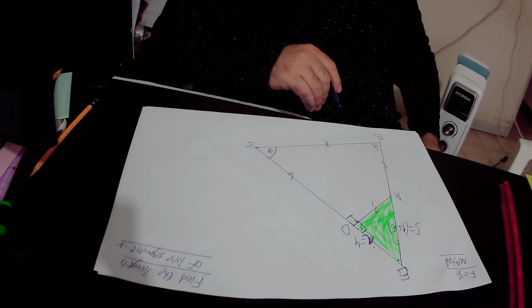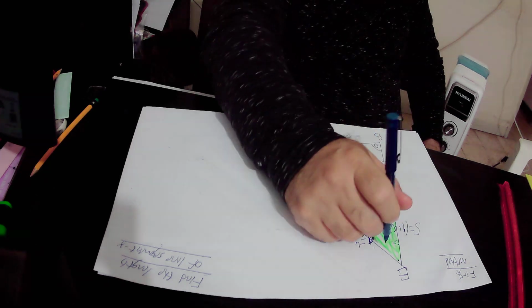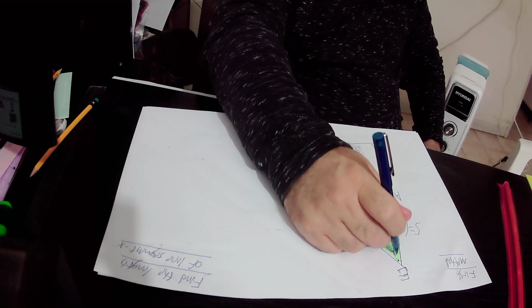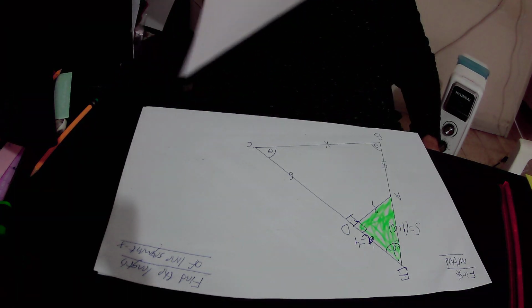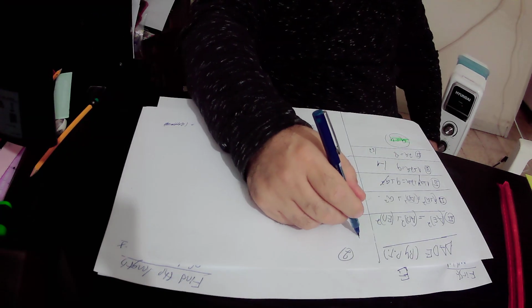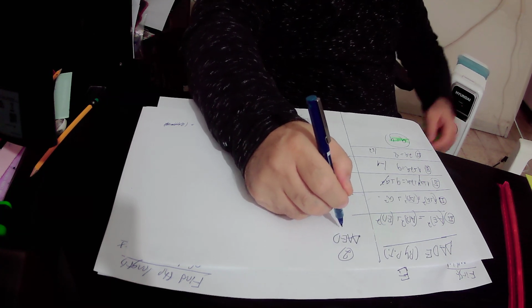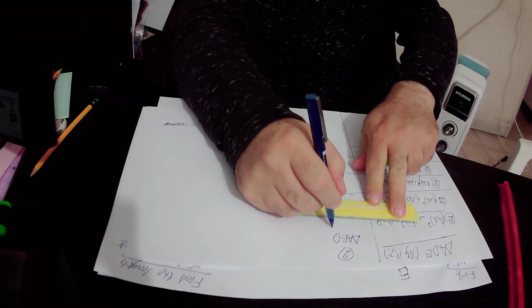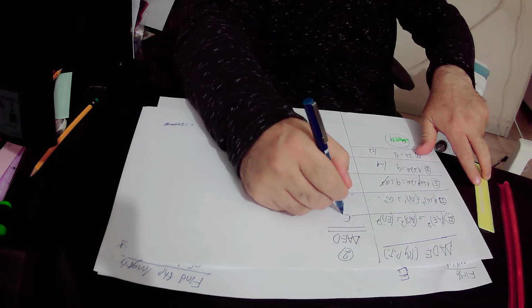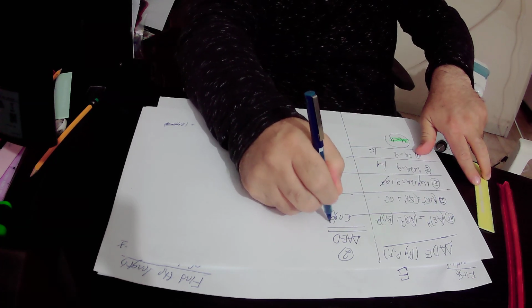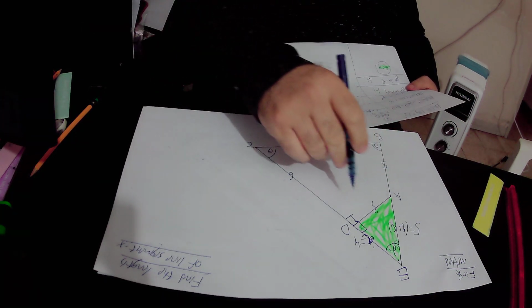In the next step, we'll define angle AED as alpha. So in the right main triangle, triangle AED, cosine alpha equals ED over EA.